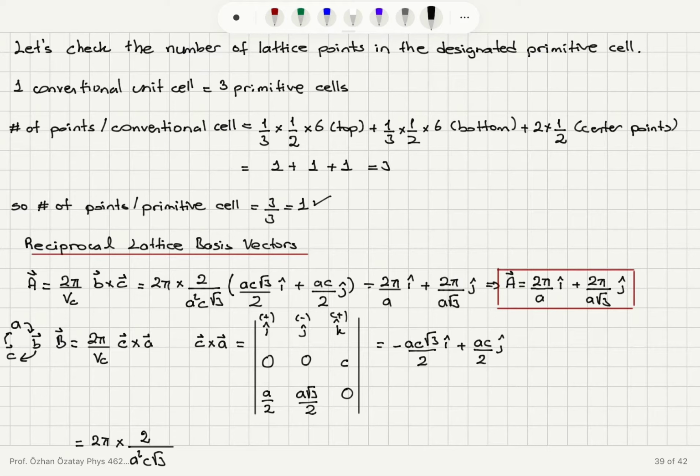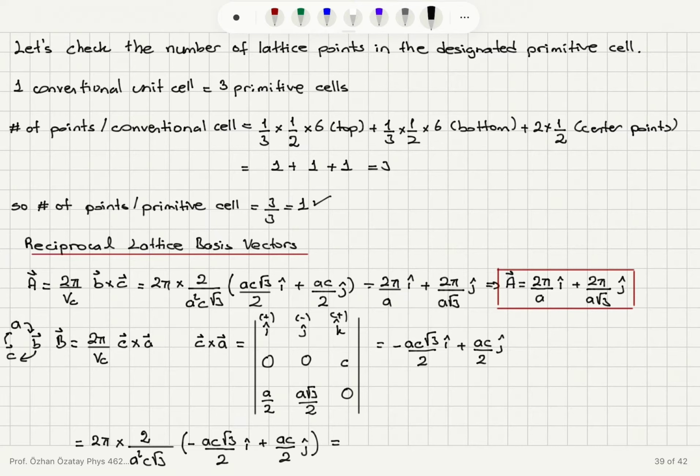So let's see here, 2 pi over Vc, and then I have to multiply it with the cross product. So I will have minus ac square root 3 over 2 I hat plus ac over 2 j hat.